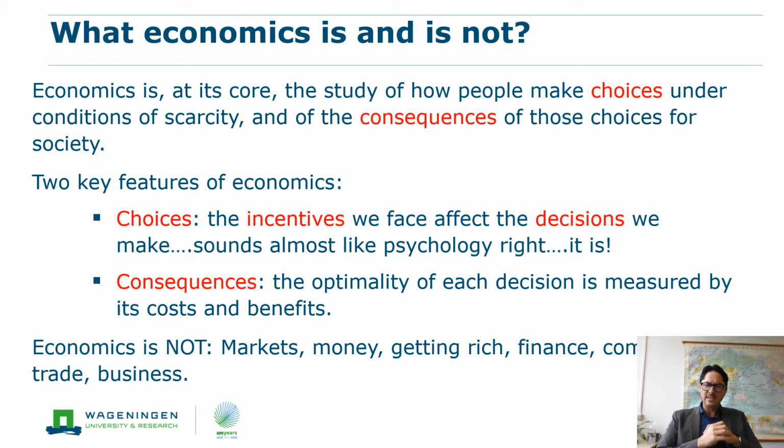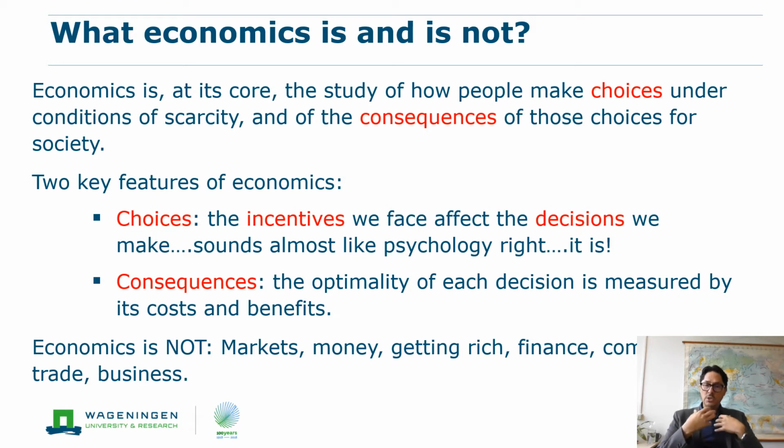But in fact, everything that happens in our life and in our surrounding, in our society, is because somebody made a choice to have it like that. And therefore, those choices are followed by consequences, and those consequences might affect us. When we make a choice, it might have consequences for us, but it also might have consequences for others in society.